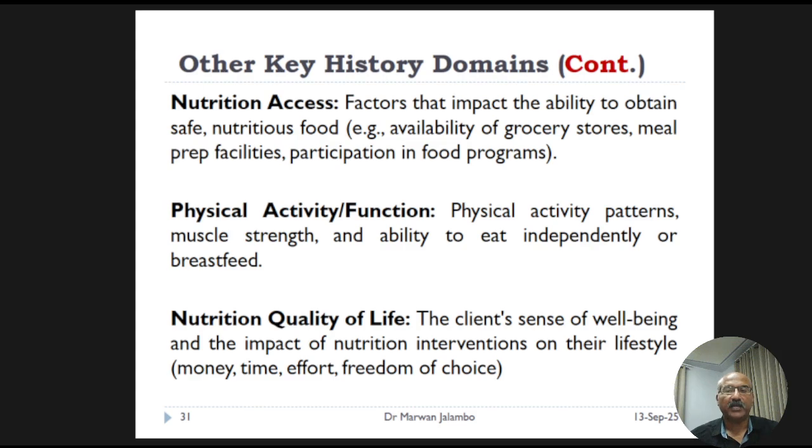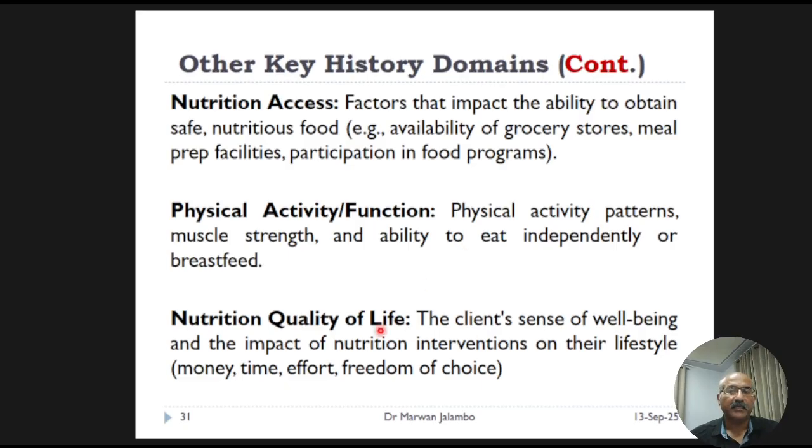Physical and functional is also key. We assess their general physical activity pattern, as this is a major determinant of energy need. We also look at the physical functioning related to nutrition, like their ability to feed themselves independently, or for a new mother, their ability to breastfeed.